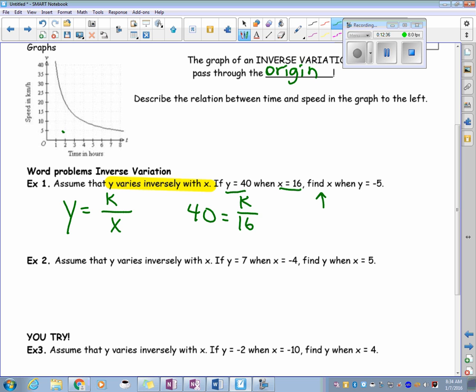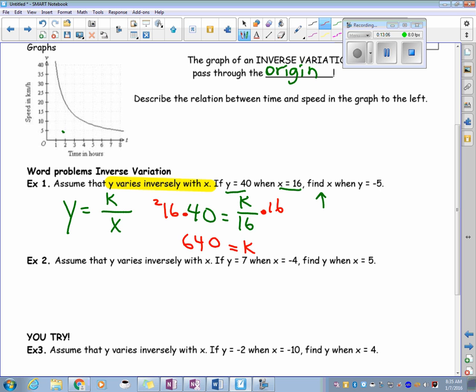So how do I find k? Multiply by 16. So if I multiply by 16, I'm going to multiply this side by 16 and multiply this side by 16. So k equals, what's 16 times 40? 640. So the constant of variation is 640.